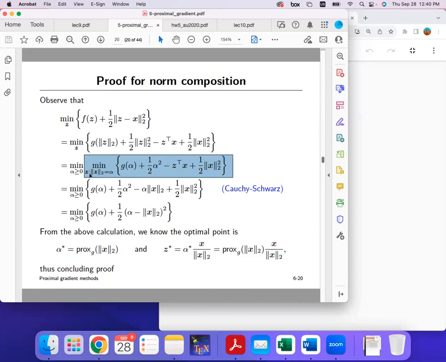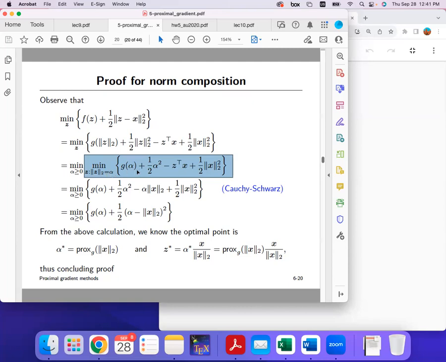So we are looking at all the z's where the L2 norm equals alpha. And then in the outer minimization, we further vary this alpha. Okay. So let's first consider the inner part. In the inner part, we are given this constraint. The L2 norm of z is equal to alpha.